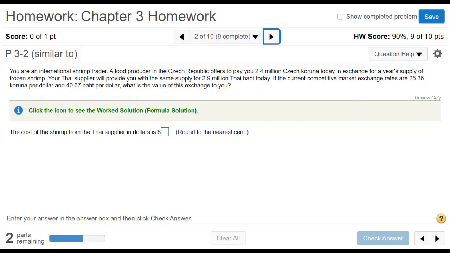He might be dealing with a guy in the Czech Republic and a guy in Thailand. He's getting shrimp from both, and then he's moving them. As long as he makes a profit, he's doing good.